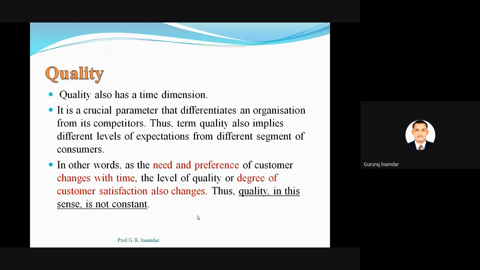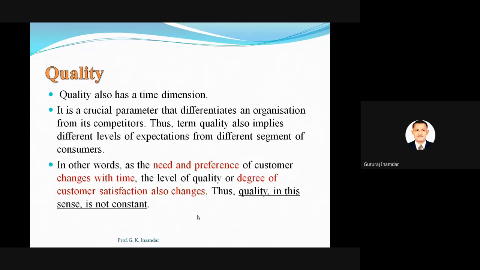When our product is sold in the market, which quality should we give to the customer? Others are giving that quality, so how will we give greater than others? Then and only then will we fight those competitors. For that purpose, time bounding is very important.